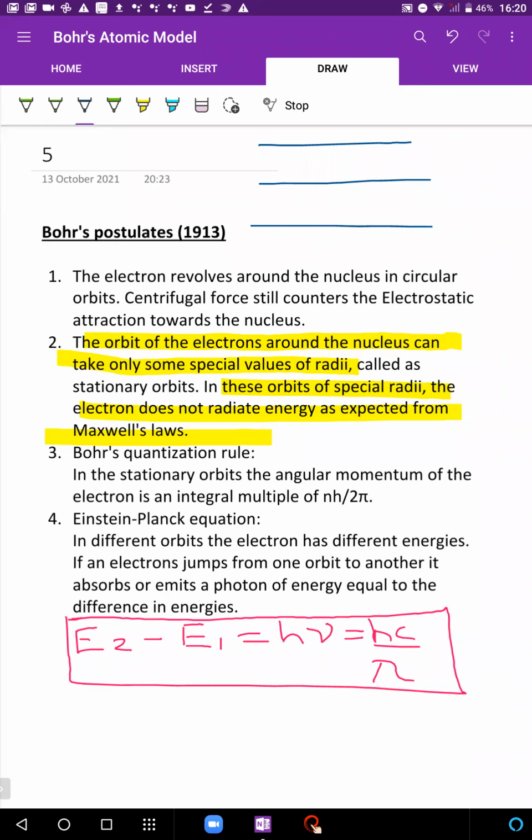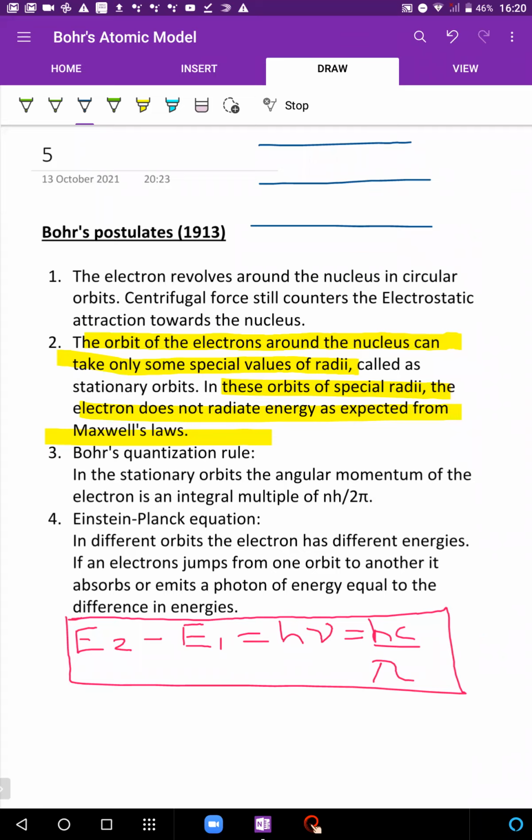And when an electron jumps from a higher energy level to a lower energy level, certain wavelengths should be emitted. So based on those wavelengths, he realizes what the energy levels should be. And from those, he manages to get what the radius should be. Okay. Because with the energy, you can get the radius.